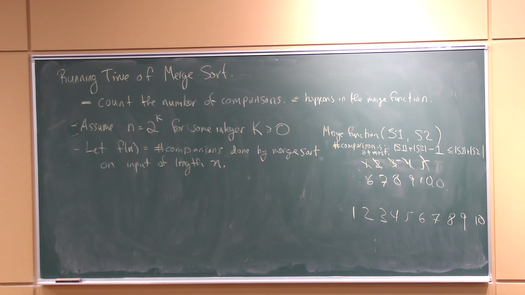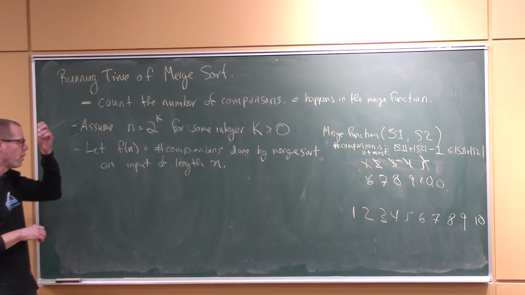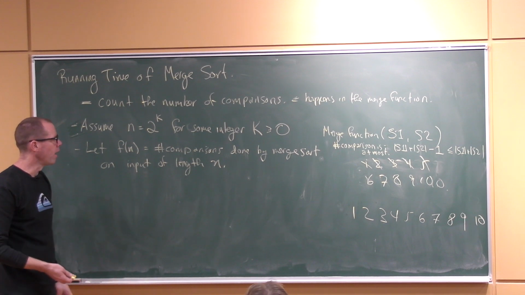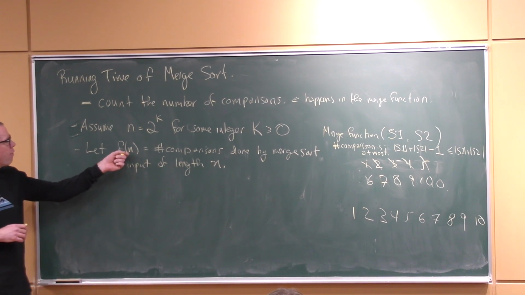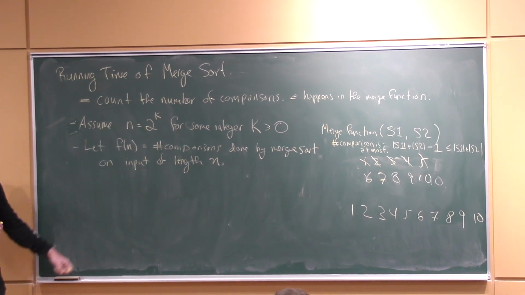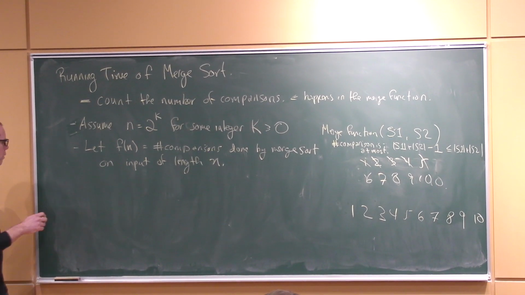So since MergeSort is a recursive function which recursively calls itself on inputs of smaller length, seems like f of n here is going to be a recurrence equation. Okay.